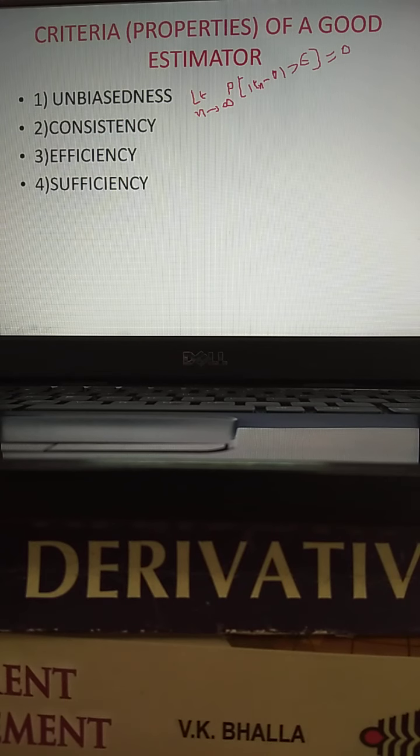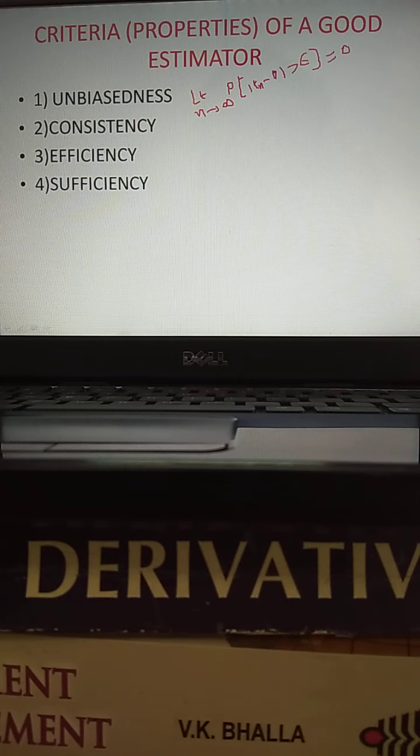The estimator which will have the less variance is known as the efficient estimator. Here the best example is the sample mean. If you compare the sample mean with the sample median, the sample mean will be an efficient estimator.